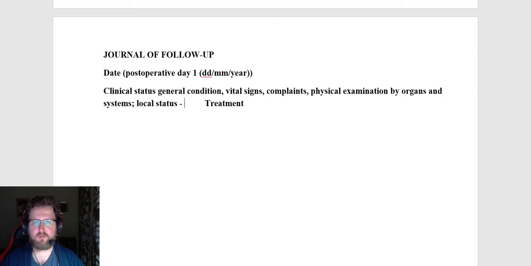So we have two sites of trauma. These are the surgical incision here. You have to point out the type of wound healing.